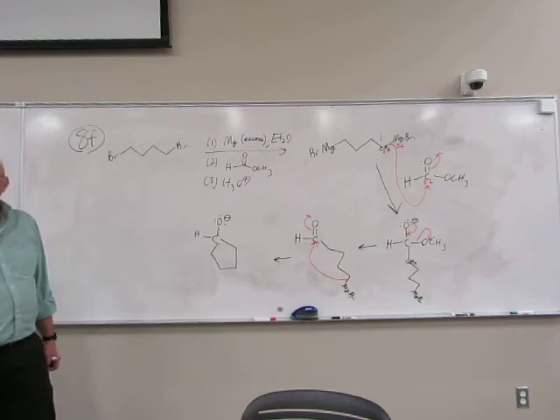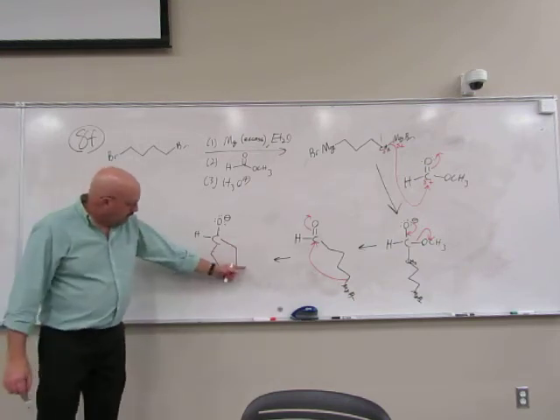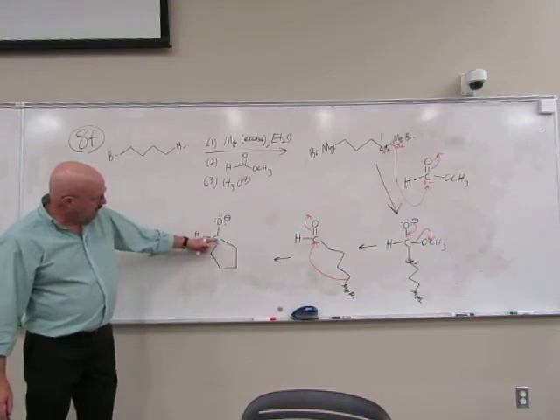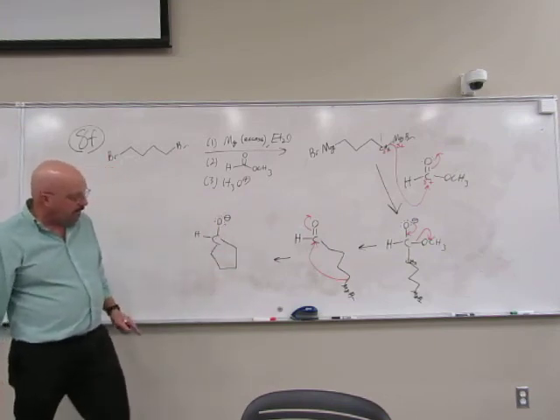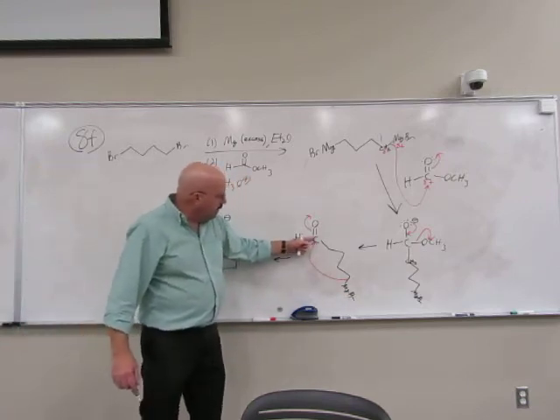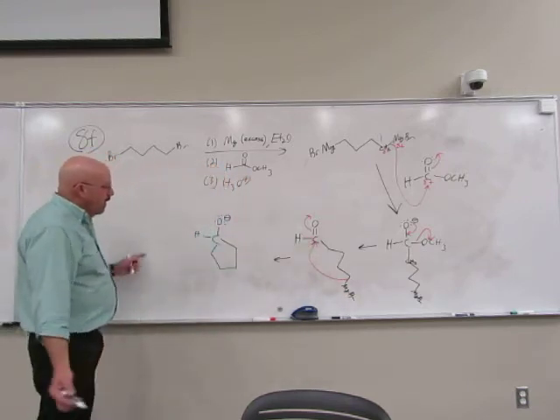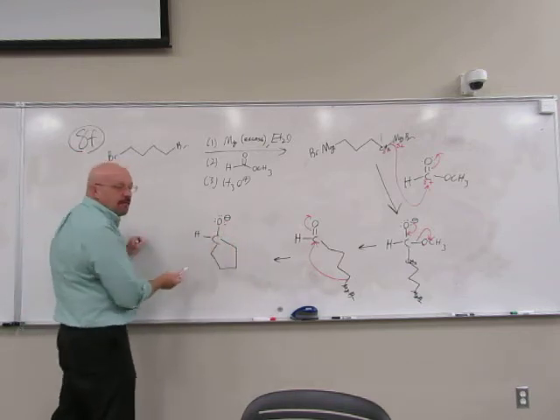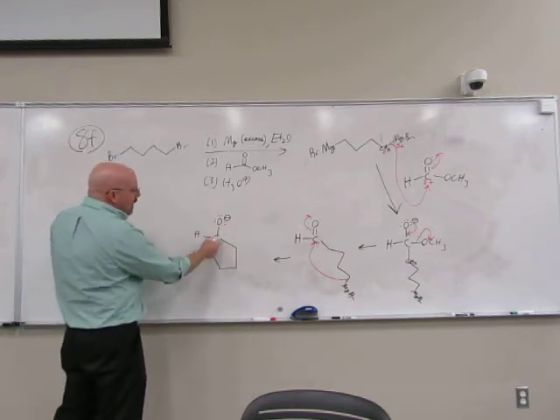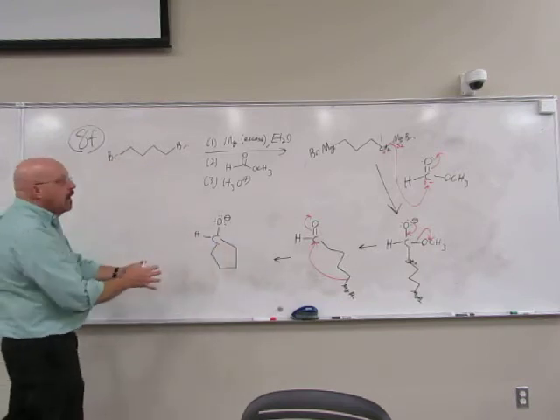So it closes up and makes a ring. See, it came up and attacked that carbon, kicked the electrons up on the oxygen, so it made a ring right there. Because I had the Grignard on one end and the carbonyl on the other end, it just closes up and makes a ring. Now, if the electrons try to kick back in and reform the carbonyl, they can't. We don't have a leaving group, so it's stuck here until the last step.